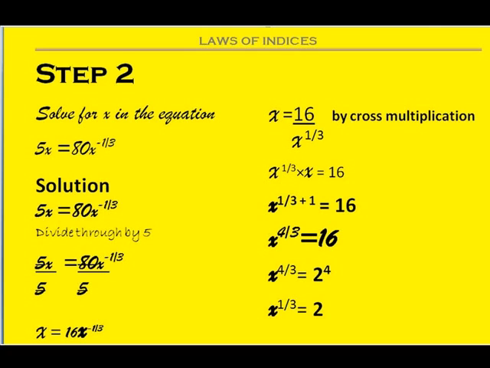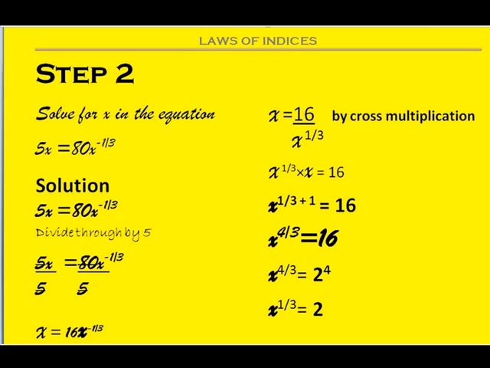According to the law of indices, a negative power gives birth to a reciprocal, hence x being equal to 16 over x raised to the power 1 over 3. And if we cross multiply and use the very first law of addition of the powers, we have x raised to the power 4 over 3 is equal to 16. Please take note of the simplification process.